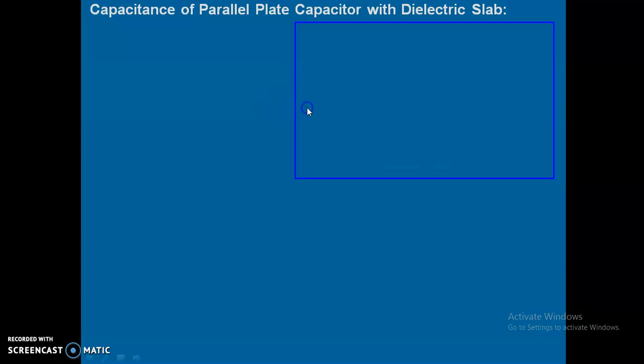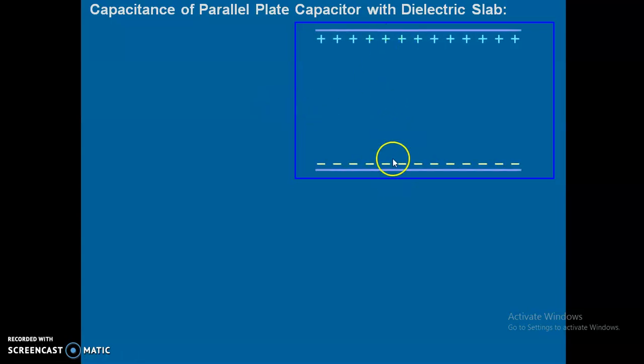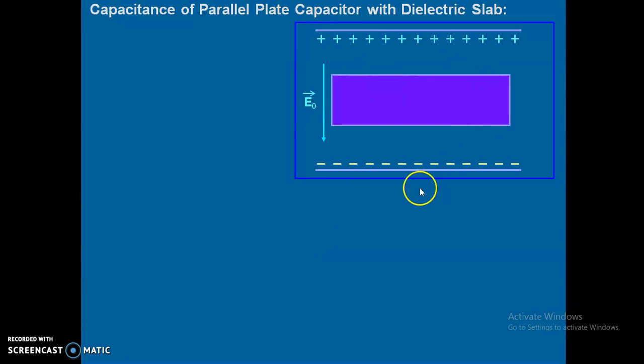So let's have a parallel plate capacitor like this, with positive and negative charges. The external electric field is vector E naught, and this is the dielectric slab of thickness t, and the distance between the plates is d, right?